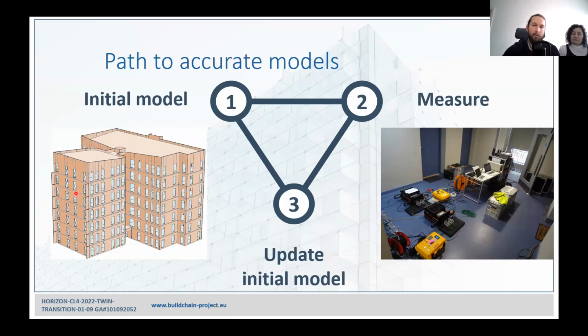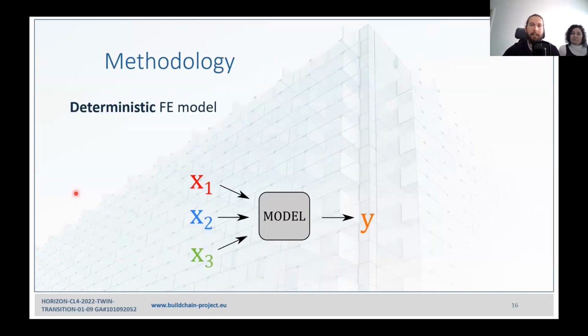And this automatized way of updating the model, that's what we call model updating. And today I will specifically talk more about the Bayesian model updating. So that's a probabilistic one. And I'd like to explain a little bit about the methodology, how this is done.